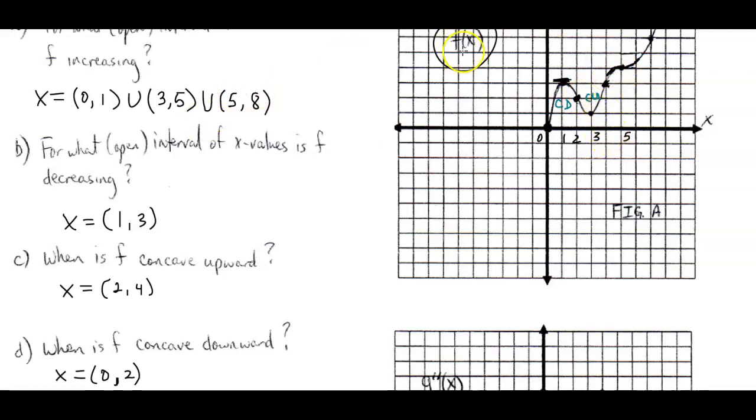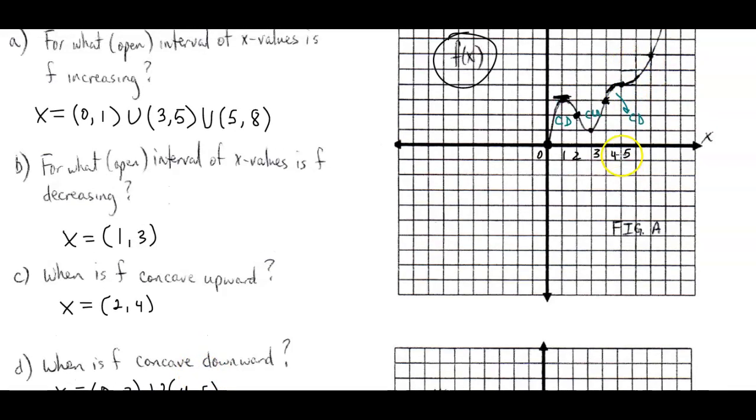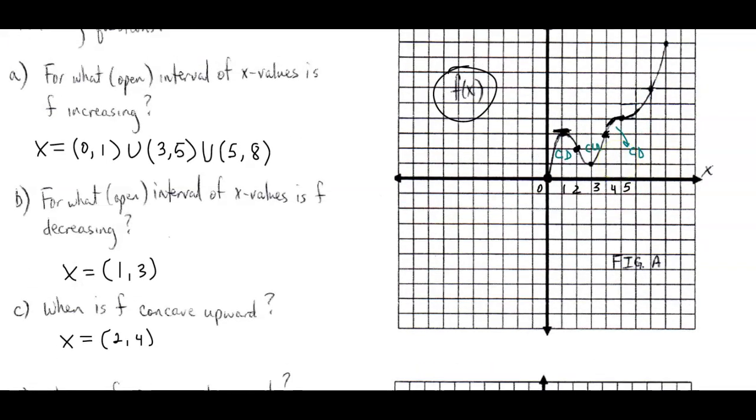And then, of course, from x equals 4 to x equals 5, that small little portion right here ends up being concave down again. So we'll come back here: from 4 to 5, concave down. And then from 5 onward, on up here, we'll see that our graph ends up being concave up again.